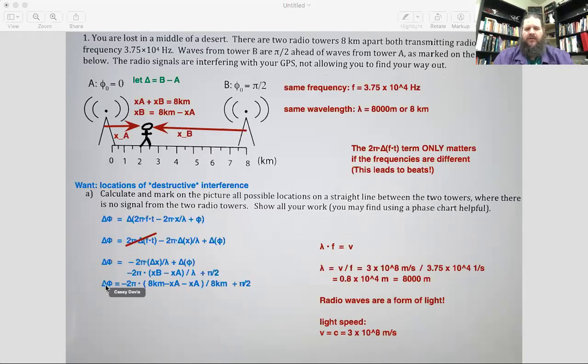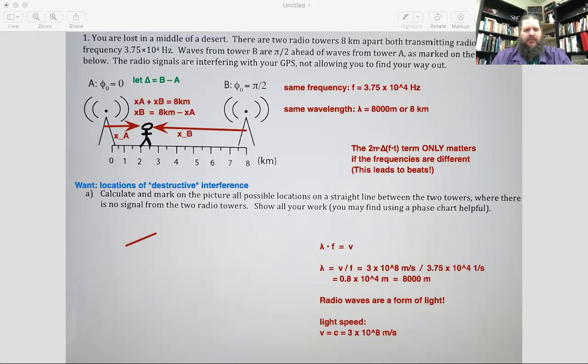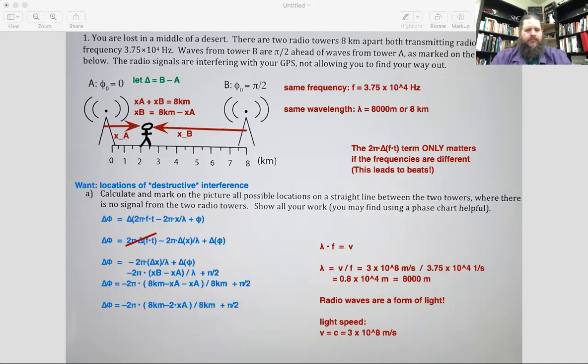The difference in total phase between these two waves has to be this expression. And also minus XA, we can combine those as well into just minus 2XA. So now we have an expression relating delta total phase to XA. Any questions on the algebra behind that so far?